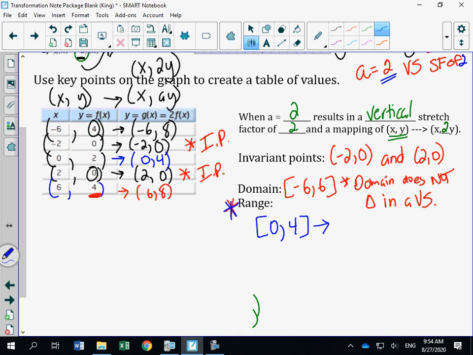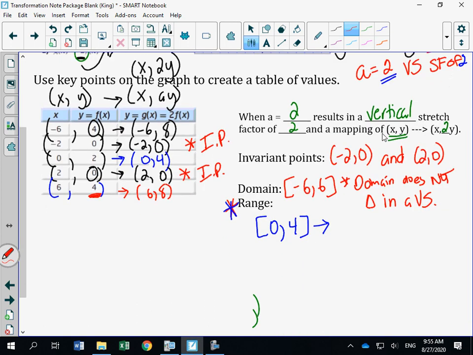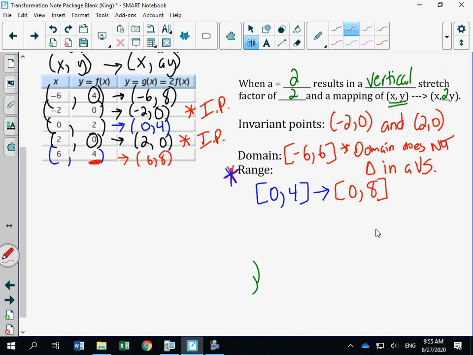And my new y values, the biggest y value is 8, the smallest y value is 0. So my new range is 0 to 8. And that makes sense, right? Because the a value affects the y coordinates. So 0 times 2 stays at 0, but 4 times 2 changes to 8.